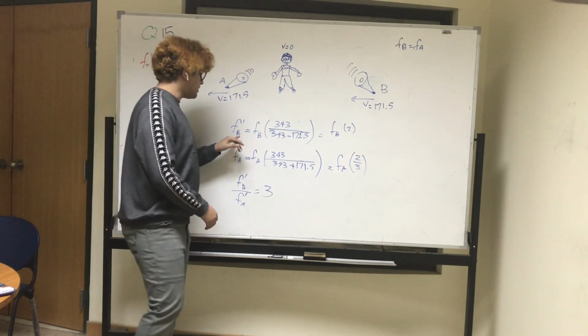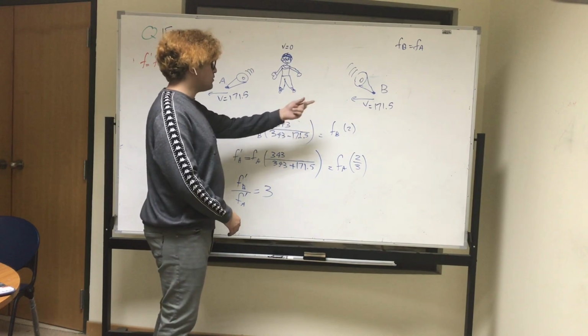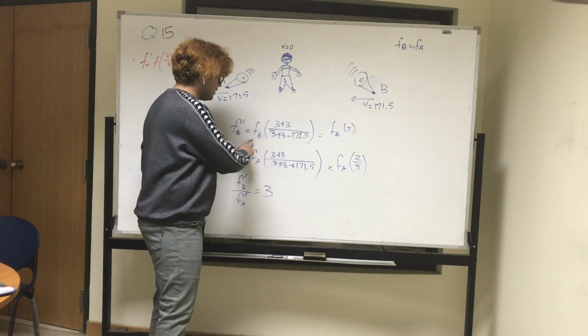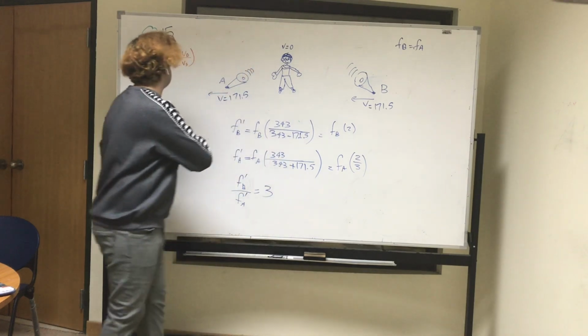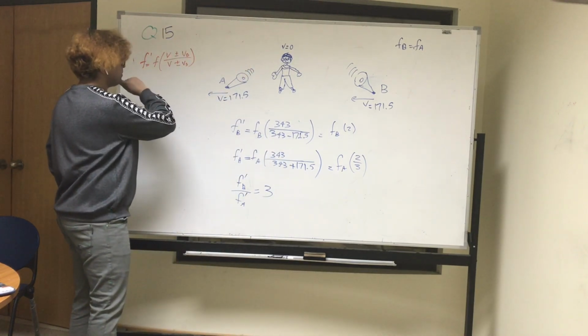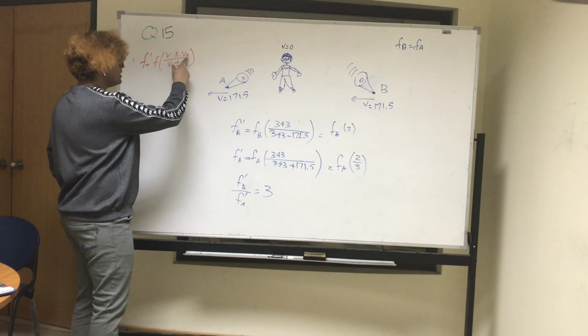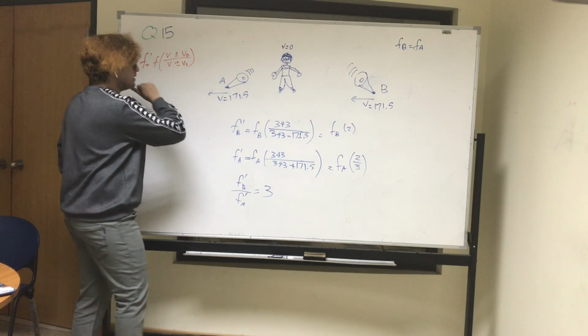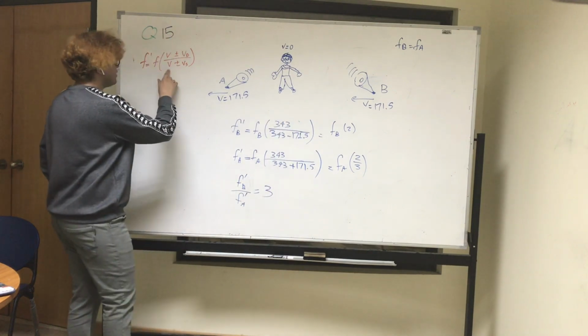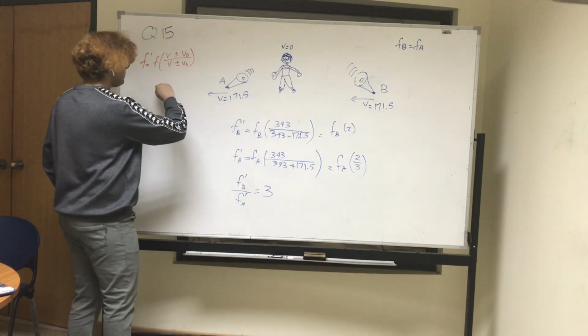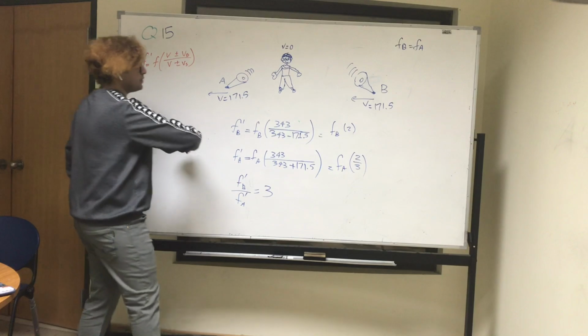The Doppler equation says that if we have a moving source, then we multiply the original frequency times, as we can see from this equation, the speed of sound plus or minus the speed of the detector. The detector here is not moving, so it's 0, over the speed of sound plus or minus the speed of the source.